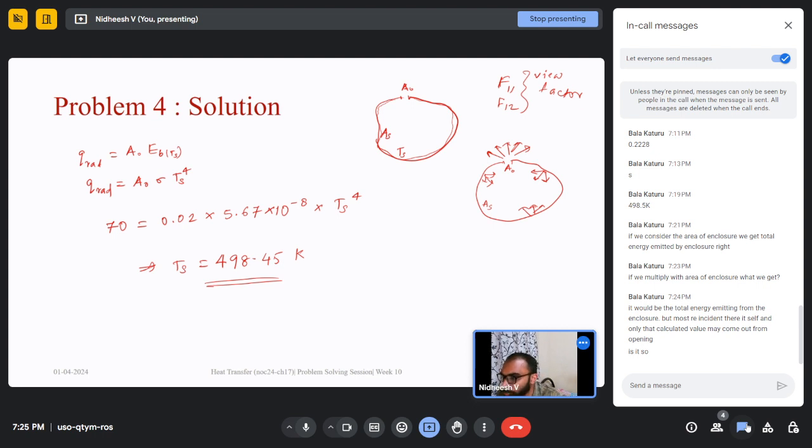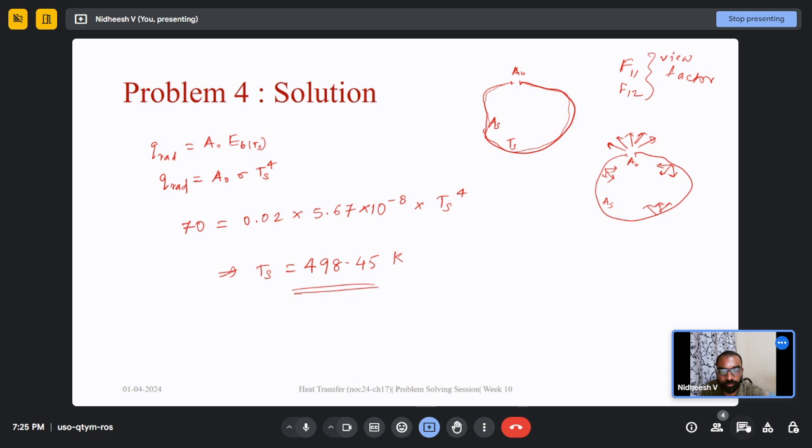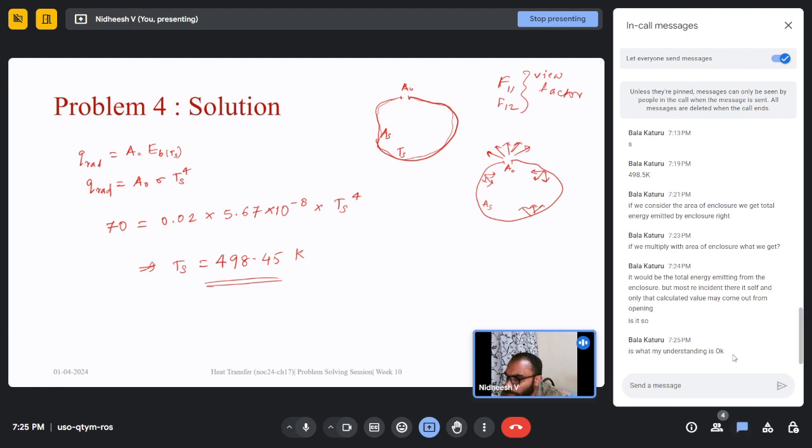Is that clear? The radiation we want to calculate is the total energy emitting from the enclosure. Yes, but the total energy emitting from the enclosure is being emitted by this small opening, and whatever energy is emitted from that small opening propagates outside the enclosure.